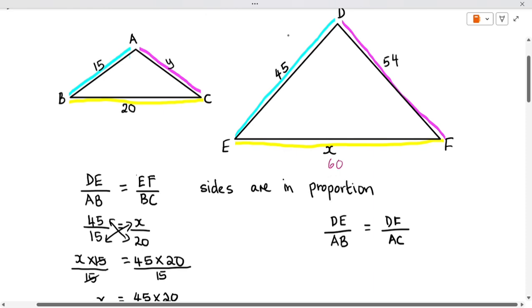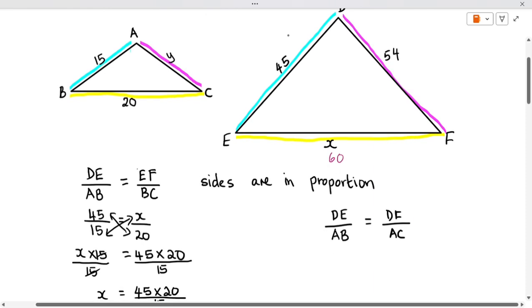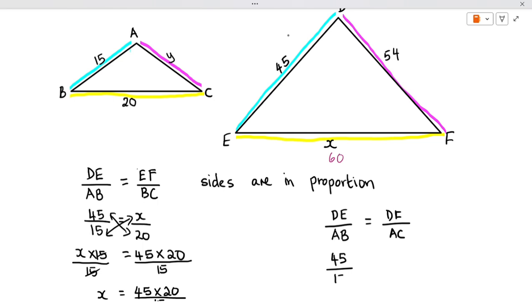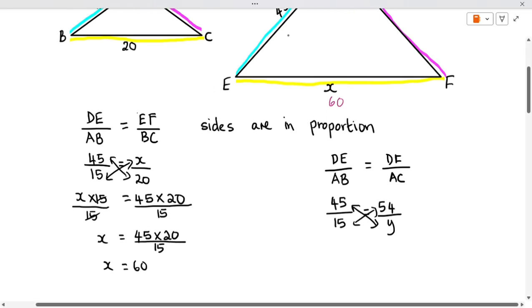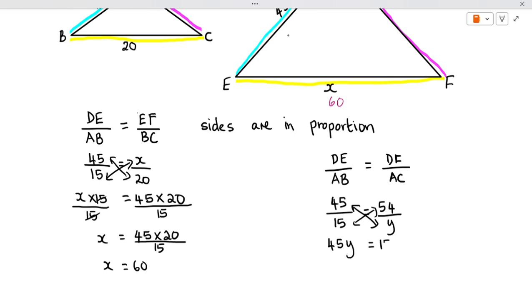Now let's substitute. DE is 45, so 45 over AB, which is 15, equal to DF, which is 54, over AC, which is Y. You'll cross multiply, and here we'll have 45 times Y, which is 45Y, equal to 15 times 54.